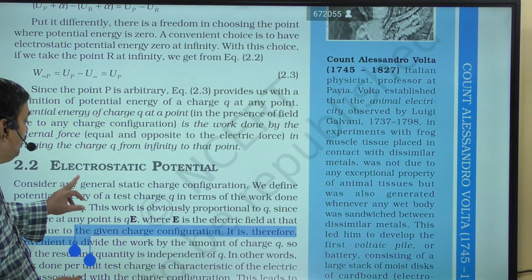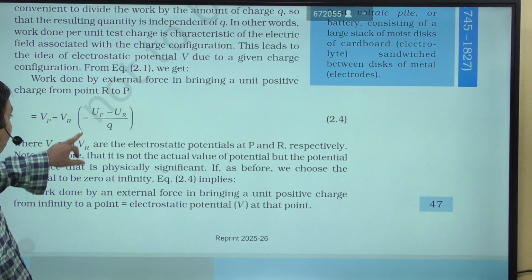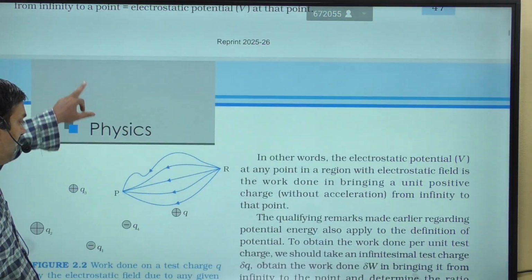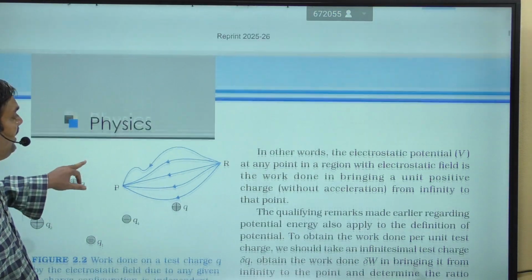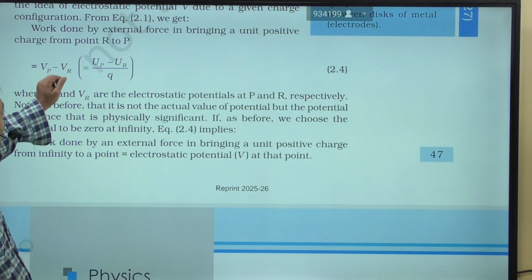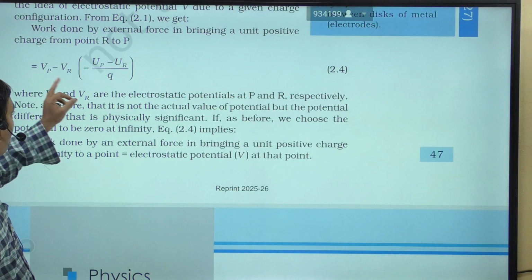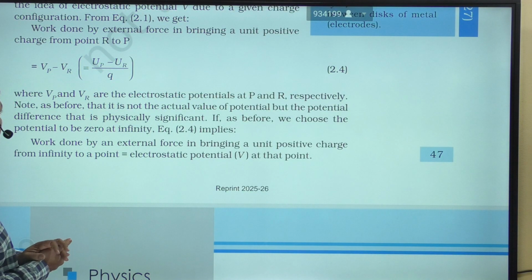Fine. Now I am giving the exact definition as you see. Now how we can define, yeah. Now this is electrostatic potential. Just now we have defined. Now work done by external force in bringing a unit positive charge from point R to point P is taken as Vp minus Vr.